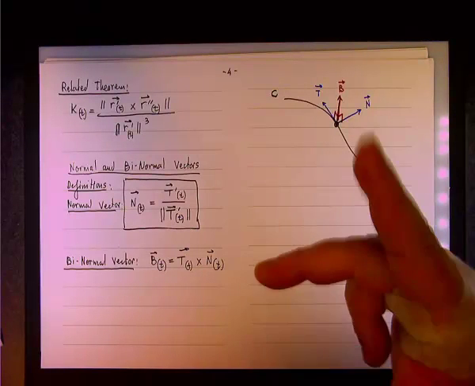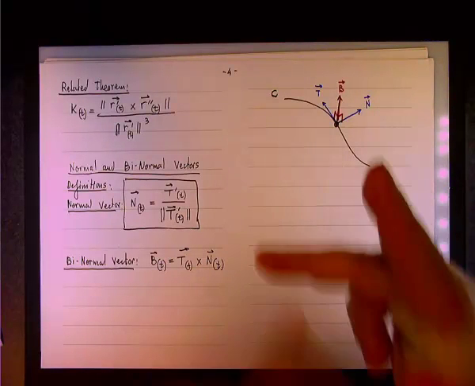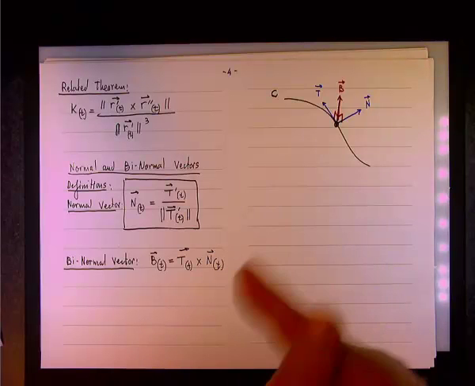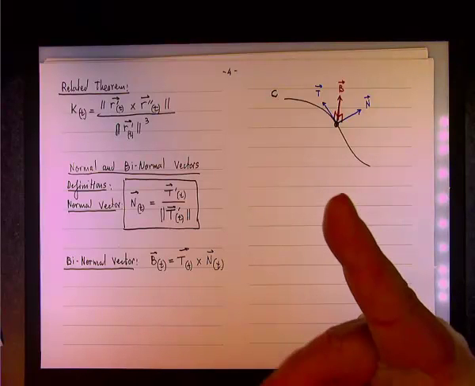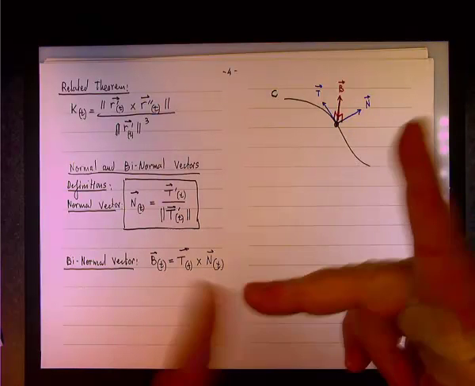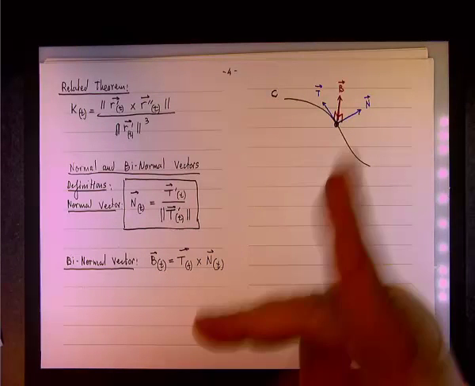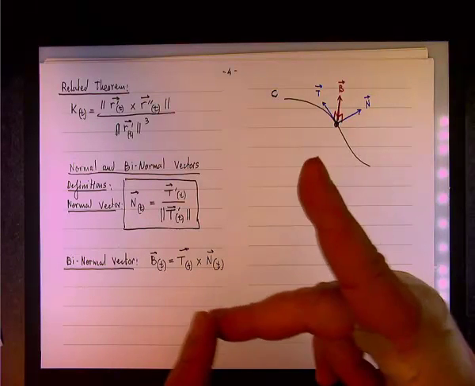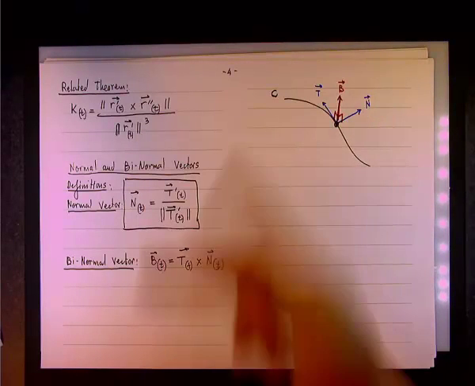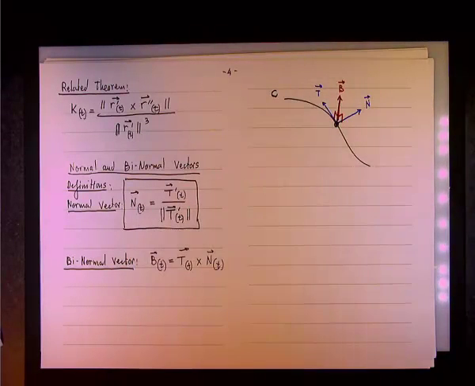But you keep the order T, N, B. T cross N gives you B. So if this is T and T is a tangent to the curve, N will be perpendicular to T, and B will be perpendicular to both. So thumb goes to index, goes to the middle. Like so. All right. I think I'll stop here.